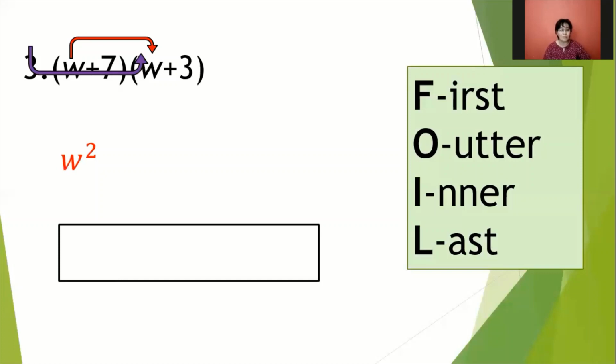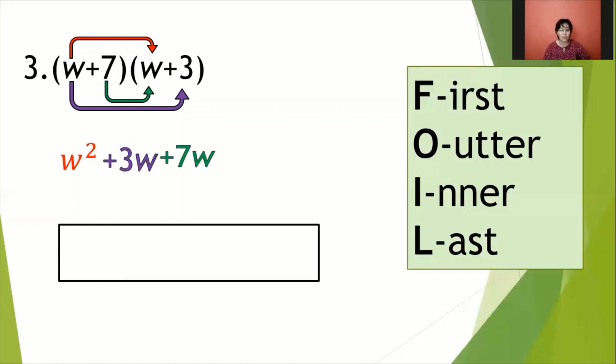Then w times 3 is equal to 3w. Then the third one, we have 7 times w is equal to 7w. Then the last, 7 times 3 is equal to 21.